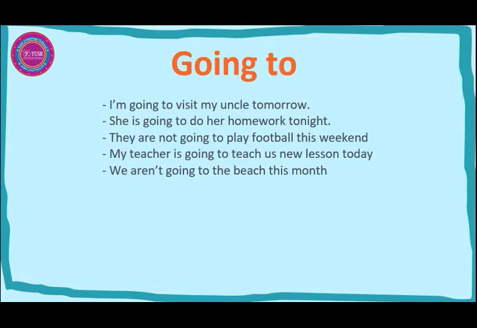"We aren't going to go to the beach this month." We are talking about the future again, and we use "going to" to talk about the future. Now the rule is we start with the subject, then the be verb.